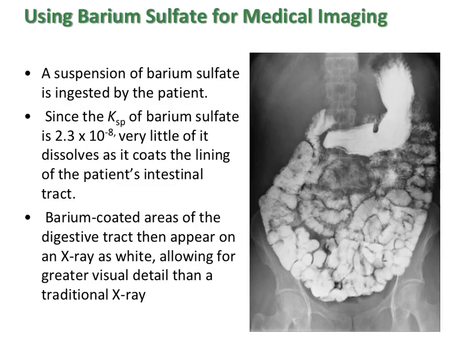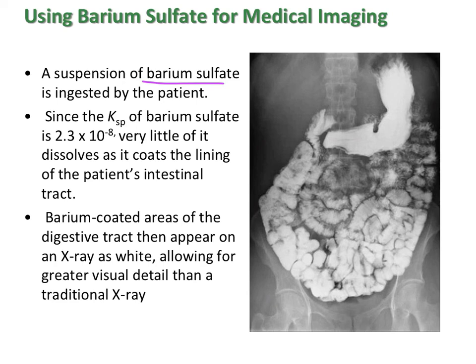So whenever humans need an X-ray, specifically of their internal organs, the doctors will make them take a suspension of barium sulfate, like you have to swallow it. The reason they take this is because barium sulfate does not dissolve.